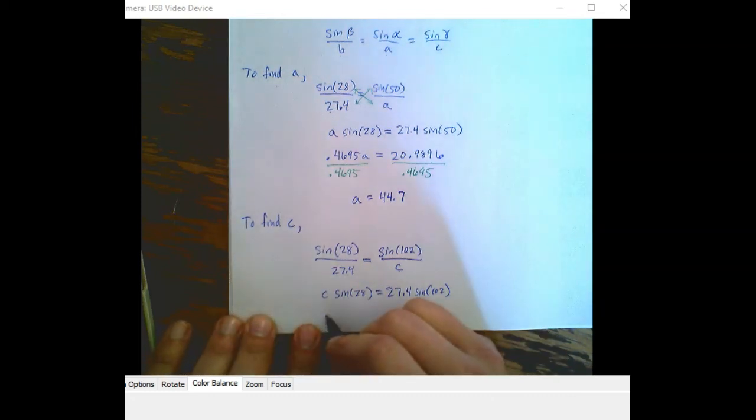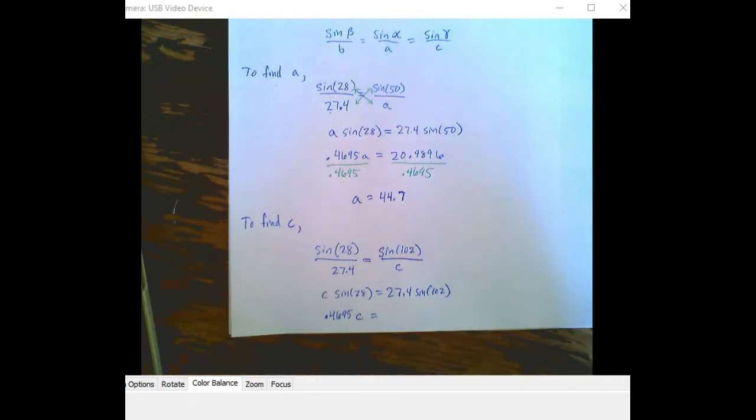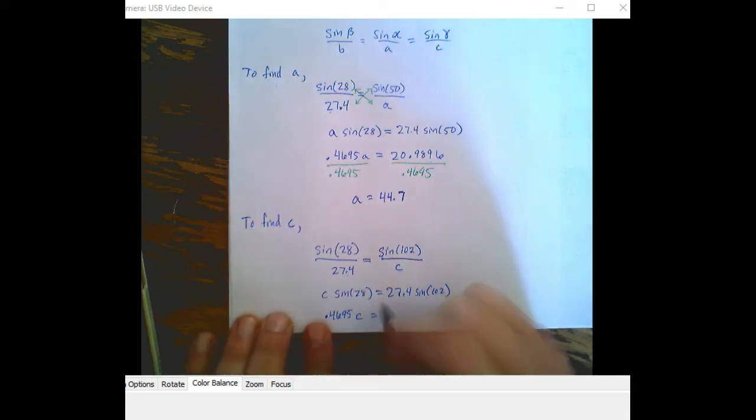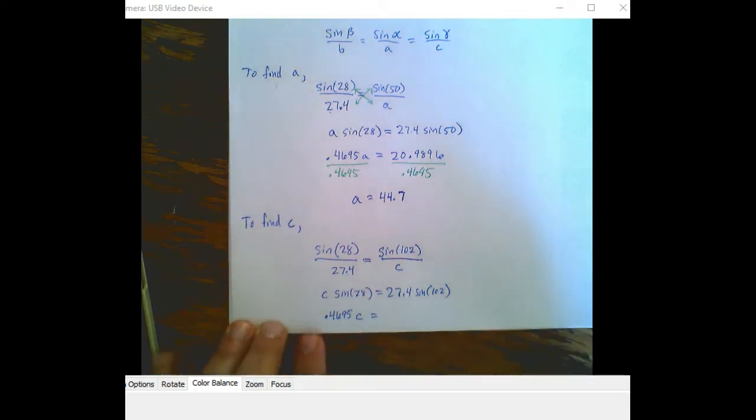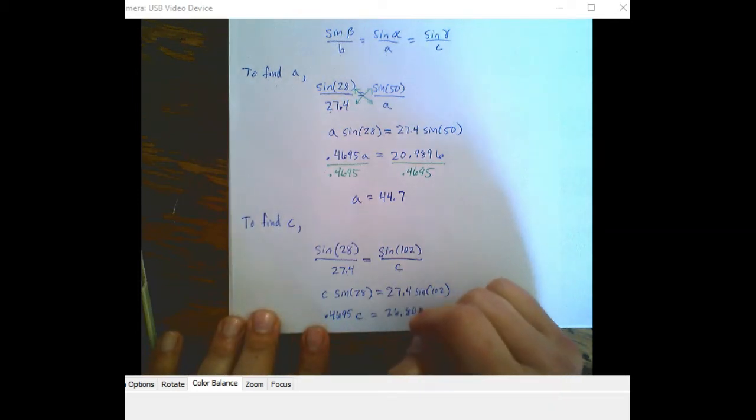So again, we'll have 0.4695 c equals 26.8012.